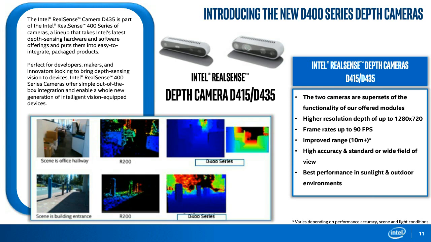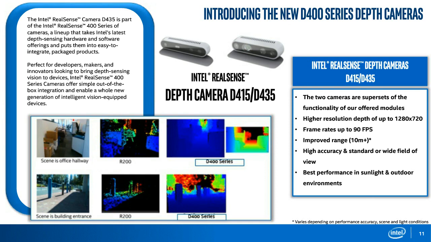This computation from the VPU just gives us so much more depth data, allowing the end user or the developer here to take that depth data and do something amazing with it. The frame rates up to 90 frames per second allows a quick data feedback for high-speed moving objects.